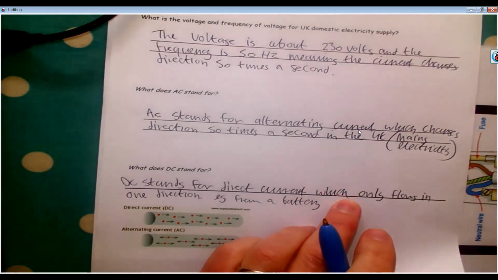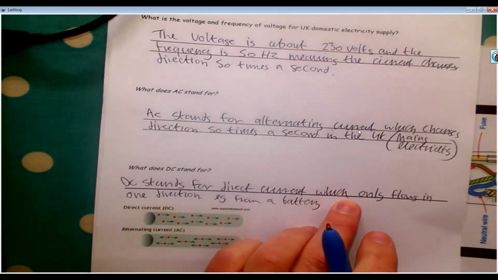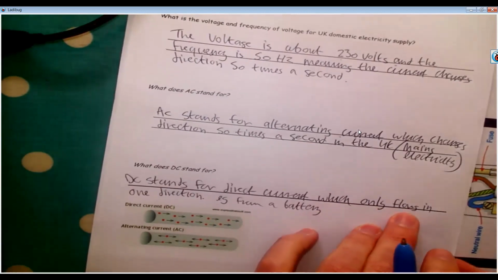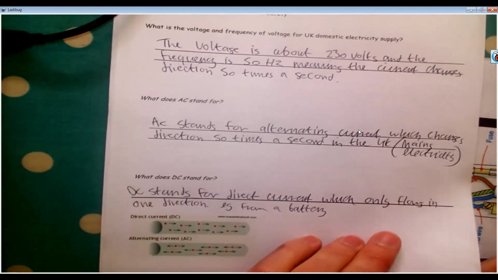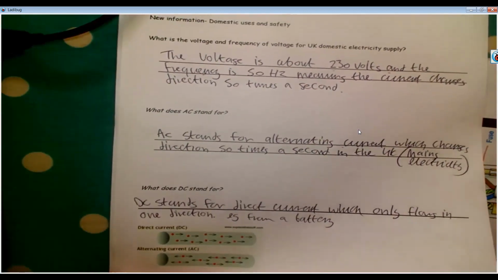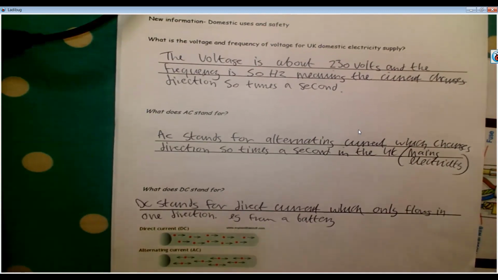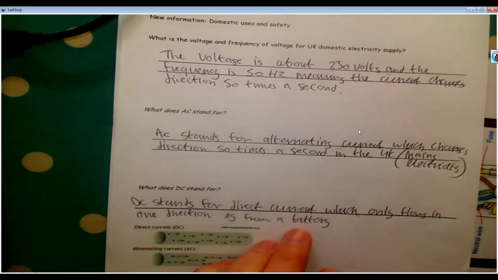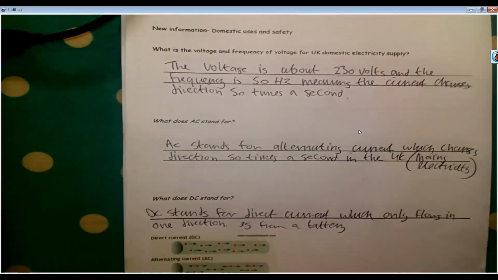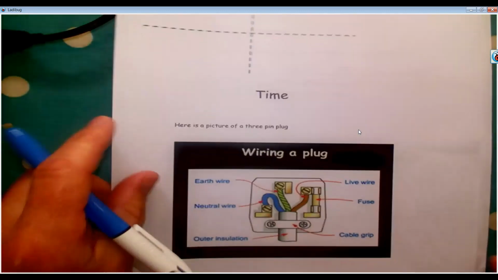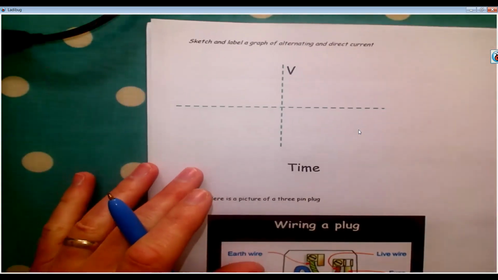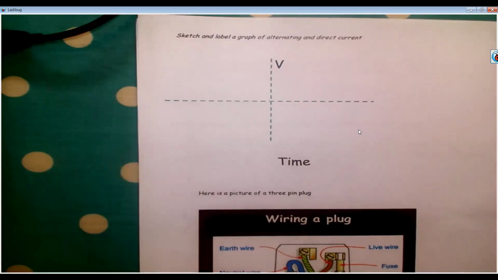So our next piece of information about direct and alternating current, you can represent it graphically. So if you need to, pause the video, finish any notes that you're doing on this. And then we've got our next page, and this has some information on it, again, about direct and alternating current.